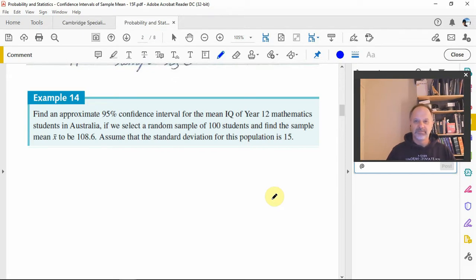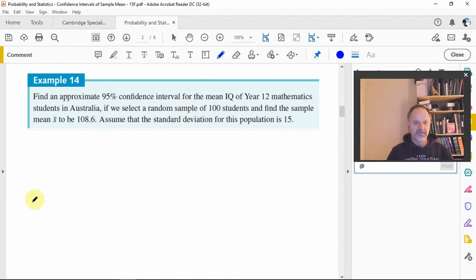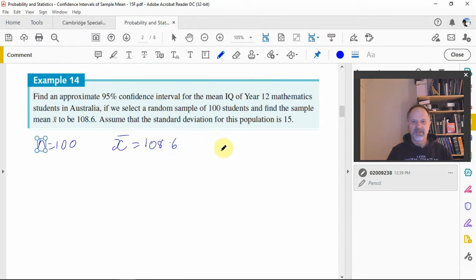So we're talking about Year 12 mathematics students in Australia, that's a lot of students, all right? So here we're using a sample of 100 to find out. So n is equal to 100. X bar, we've been told, is 108.6, and our standard deviation is 15.